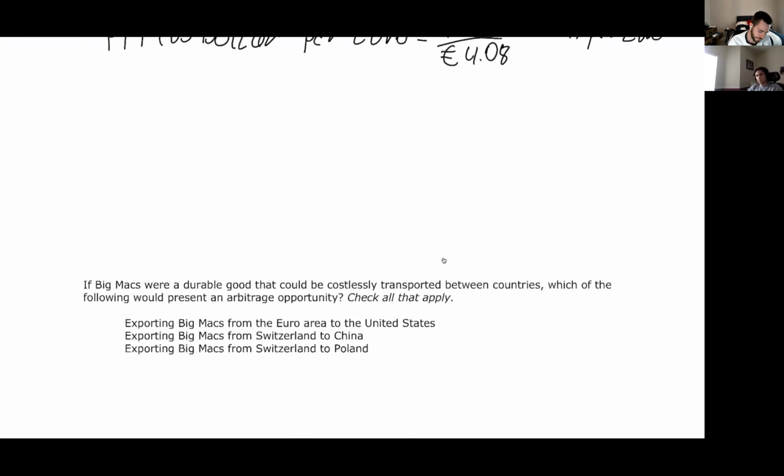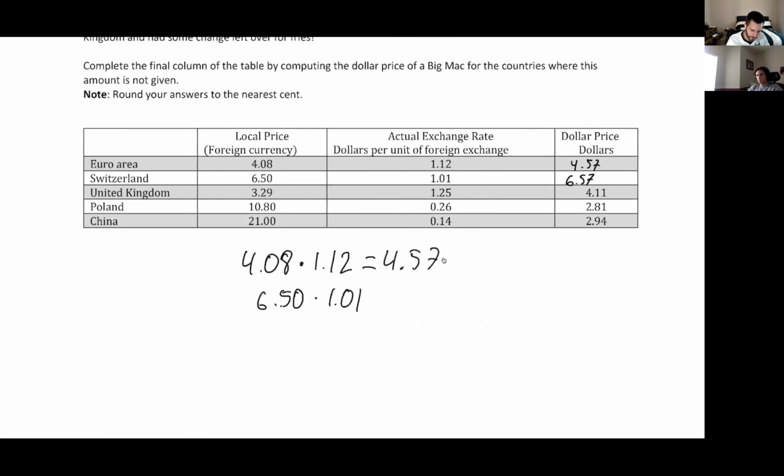And the last one says, imagine it's a durable good, which means basically a good that doesn't spoil, which obviously it does, but just imagine McDonald's comes out with this formula, their burgers never go bad and still taste the same. You would want to export Macs from the euro area to the United States, because as we could see, these Big Macs from the euro area are cheaper.